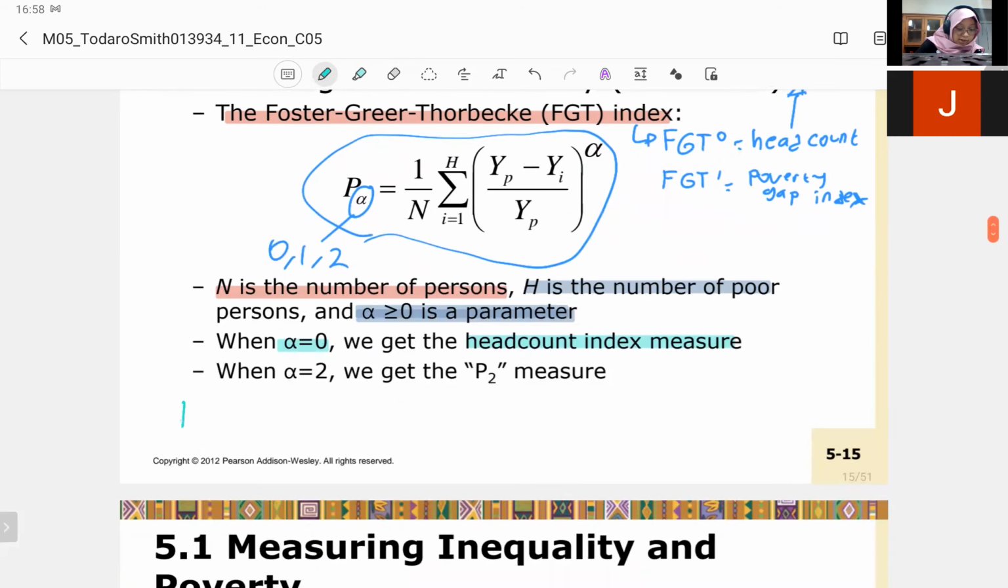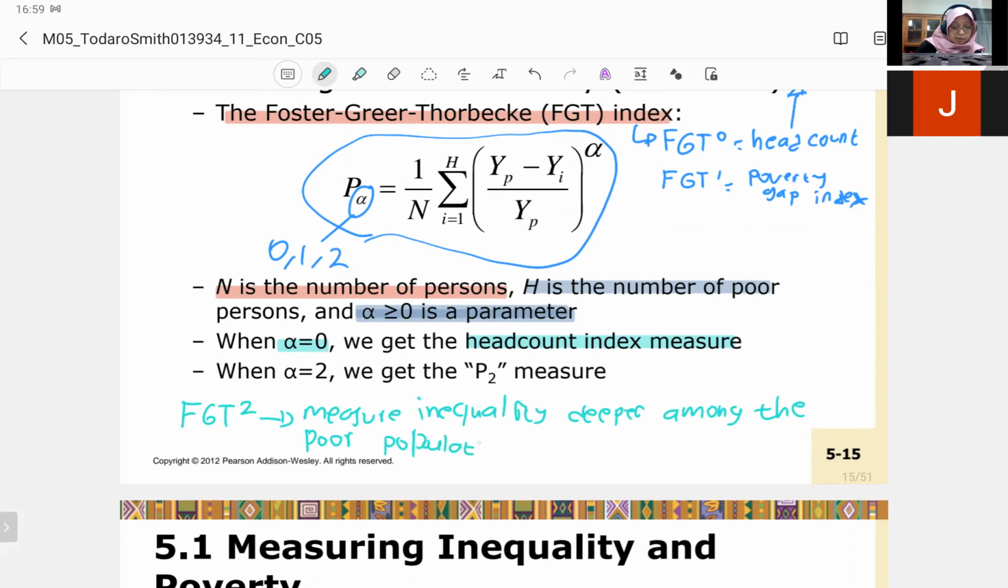So I will write it down here. With FGT2, you can measure inequality deeper among the poor population. Okay, among the poor population.